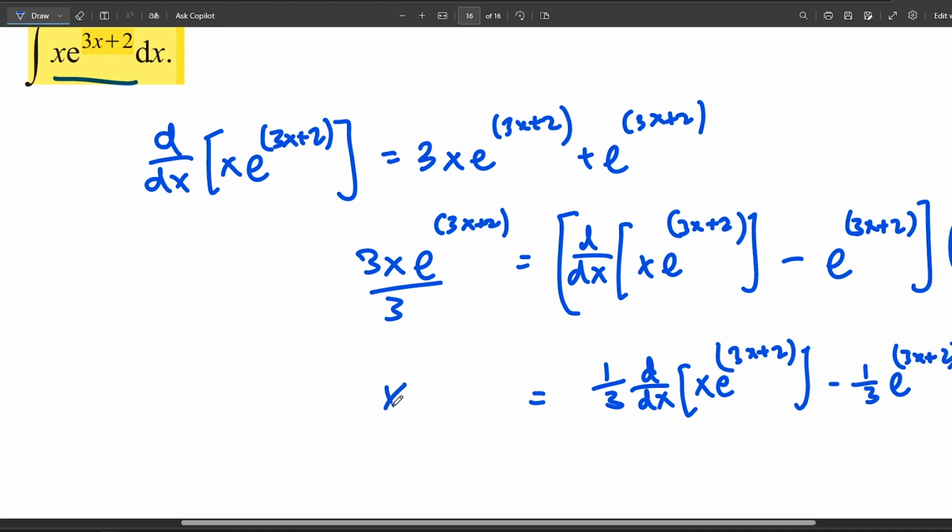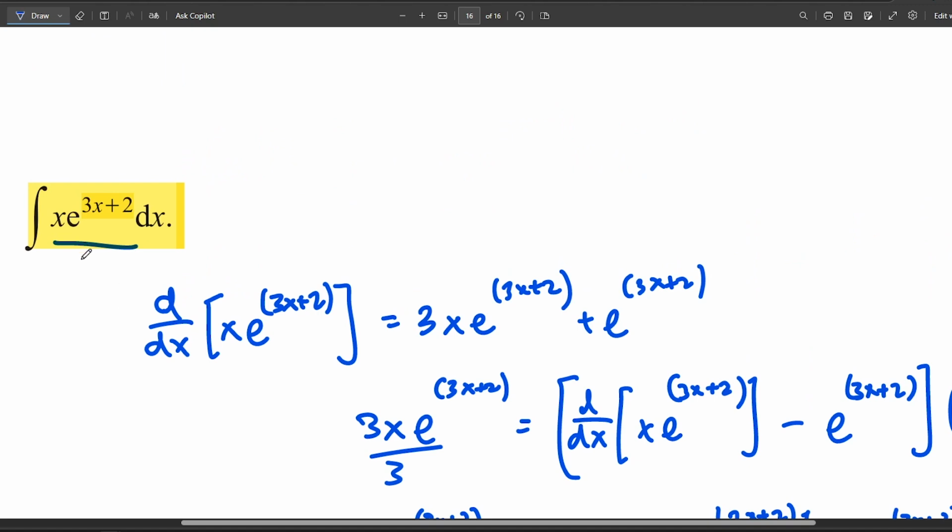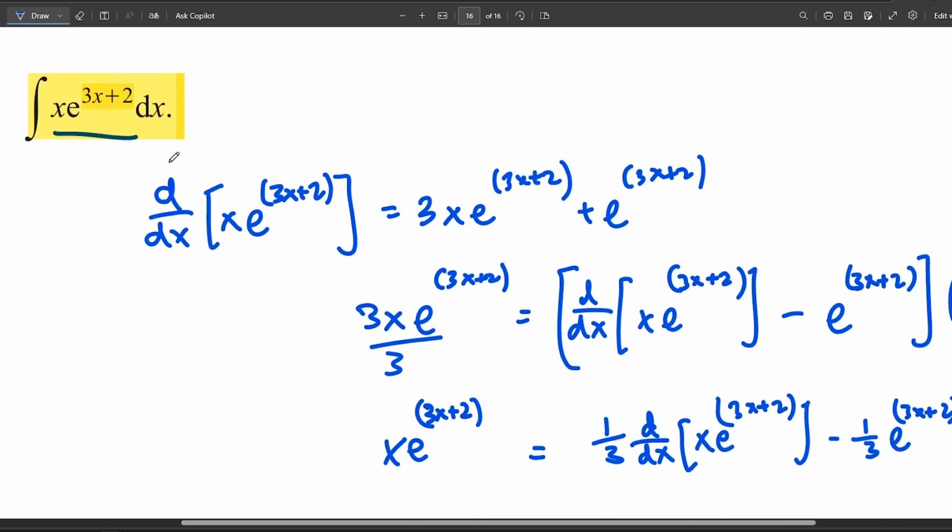Now, if you notice, on our left hand side of the equation, we get exactly what we have in the integrand here. So I can go ahead and integrate both sides of the equation in terms of x.